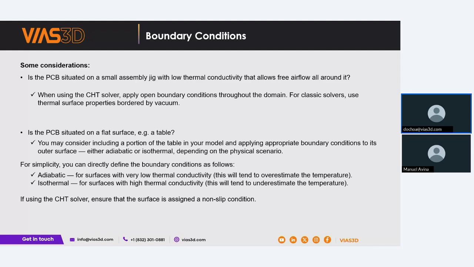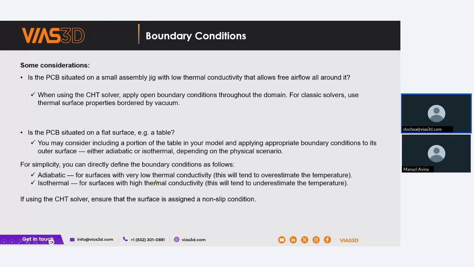Depending on what you choose, you should check your final results to understand what CST is doing in this case. It might happen that if you have very low conductivity and you use adiabatic, CST will tend to overestimate the temperature, and if you use isothermal for surfaces that have high thermal conductivity, this will tend to underestimate the temperature.